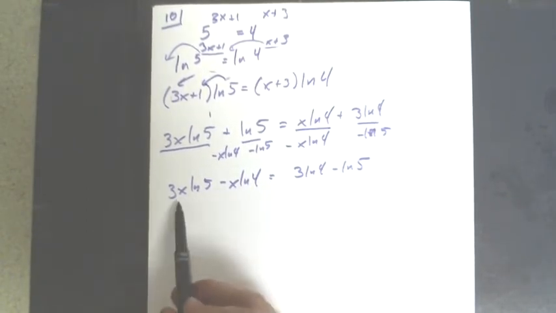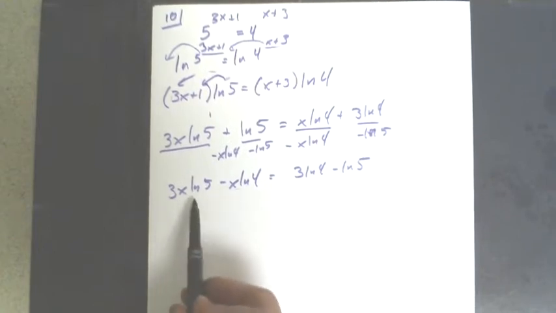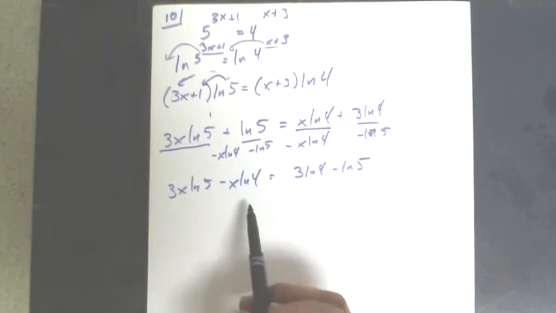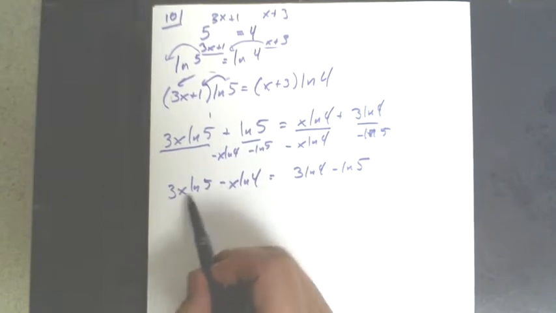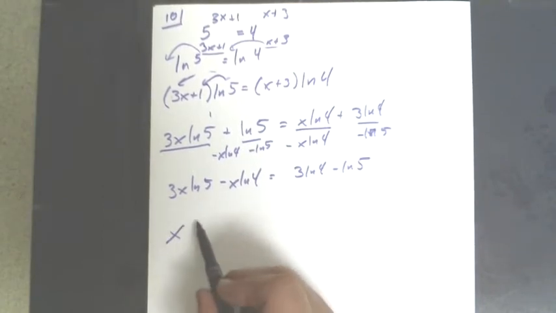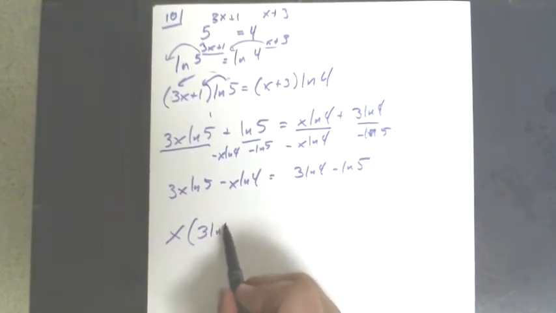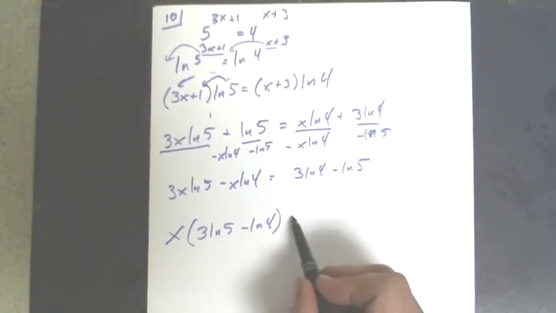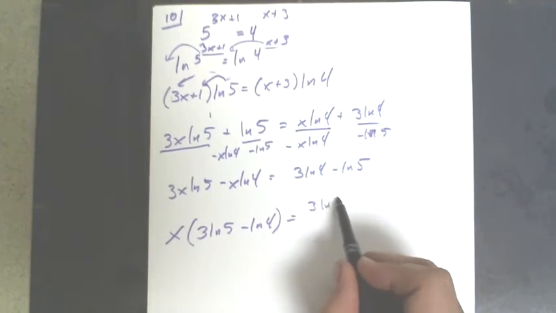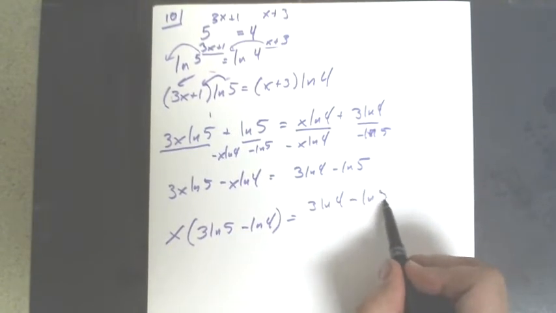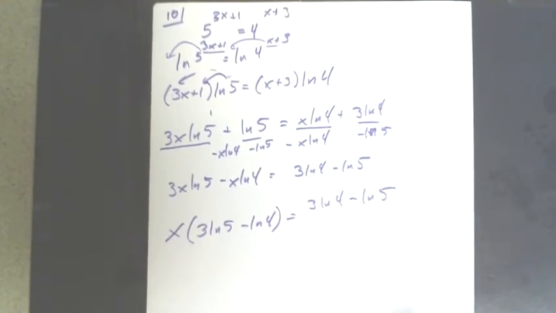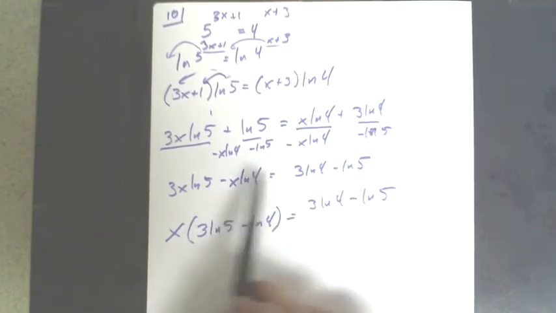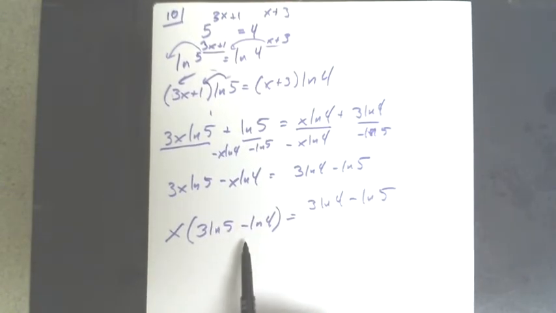Now how am I going to collect these terms when I've got natural log of 5 here, natural log of 4 here? Well, that x is in every term, so factor it out. That's the key that everybody forgets. So put a big gold star next to that, a big gold star that lights up and flashes, because it's how we have to solve these things, or lots of things like this.